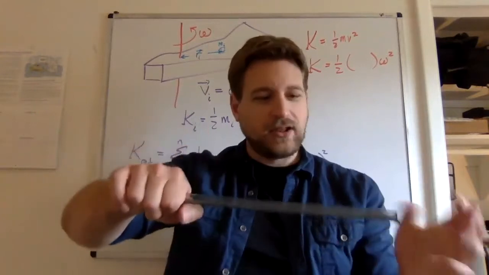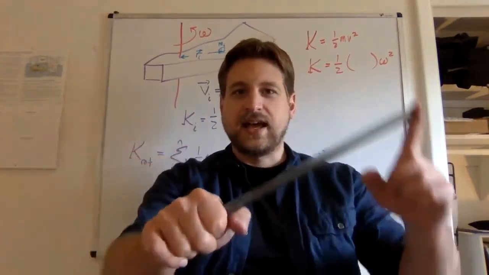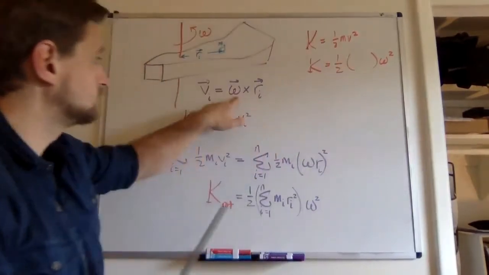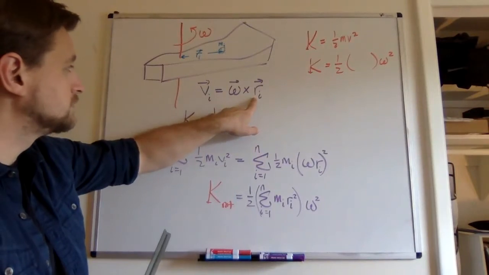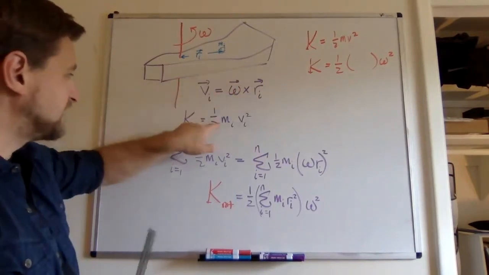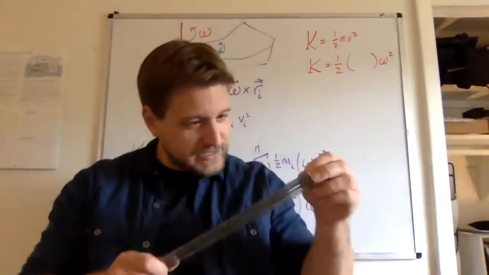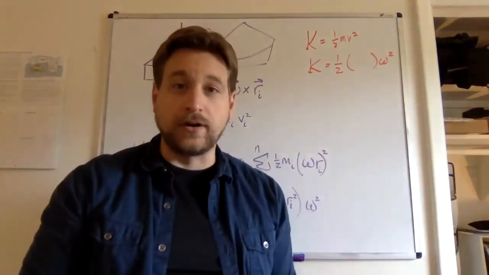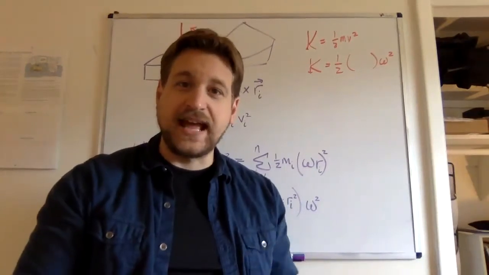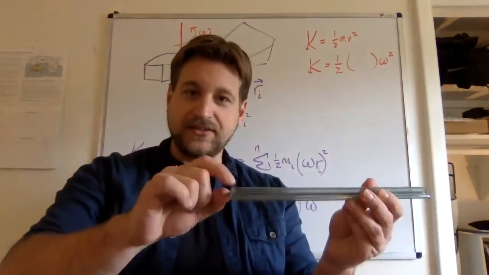And that mass all the way at this end has to have a greater velocity because it's farther away, which means I needed to give that piece of mass way out at the end comparatively way more kinetic energy than I had to give the mass at this end.